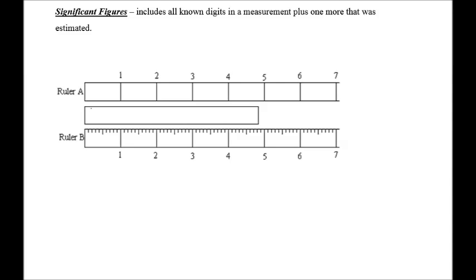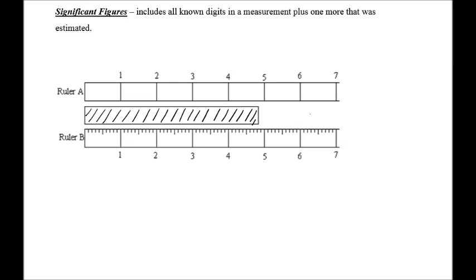So here we have an object that we're going to measure the length of. I'm just highlighting here so you see it better. And with ruler A, which measures in whole numbers, I know it's somewhere between 4 and 5, but I'm not quite sure what it might be.